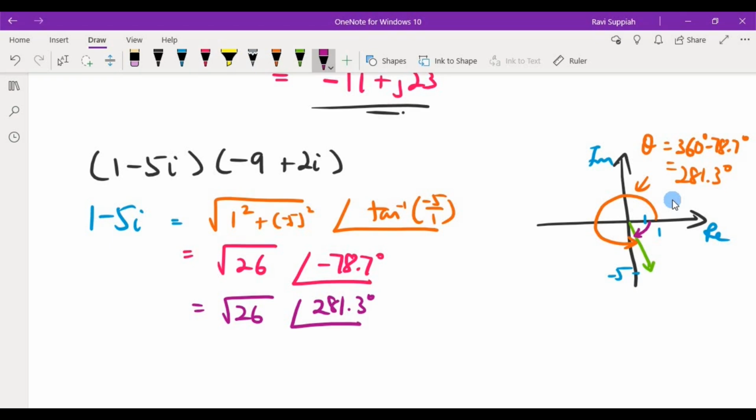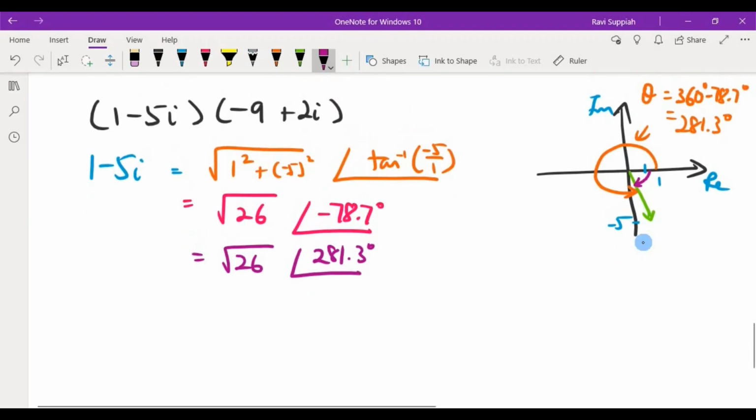Okay, so let's look at the second complex number, and then we will see another example of this. So the second complex number is minus 9 plus 2i. Okay, and I'm going to do the same thing. I'm going to convert it to its polar form.